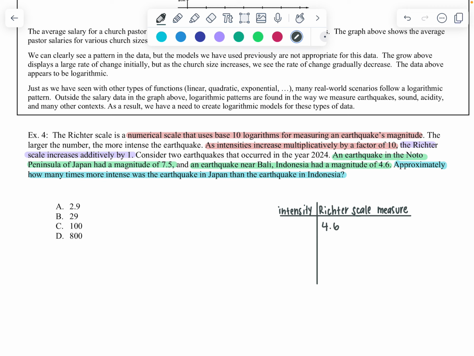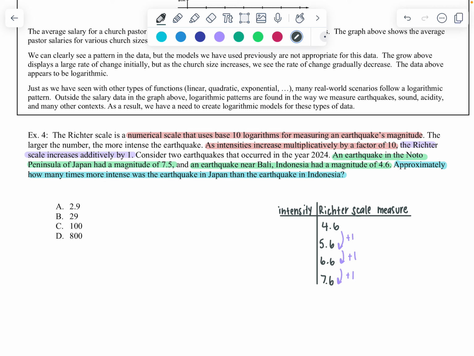And we said that the Richter scale increases additively by 1. So we know that we're going to be adding 1. So we get 5.6. We add 1 again. We get 6.6. So we're still not quite at the Richter scale magnitude of the earthquake in Japan yet. So we add 1. We get 7.6. Okay, so we can see that now 7.5 is going to fall between that 6.6 and that 7.6.